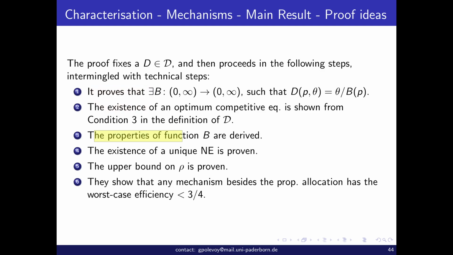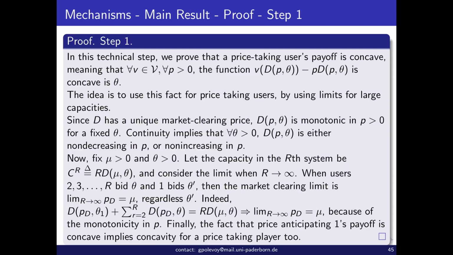First, prove that there exists a unique Nash equilibrium. Then we prove an upper bound on rho, and then we show that any mechanism besides the proportional allocation has a worst case which is worse, whereas the proportional allocation has exactly the best. Okay, that's the plan. Now let's dive into the proof. So step 1.